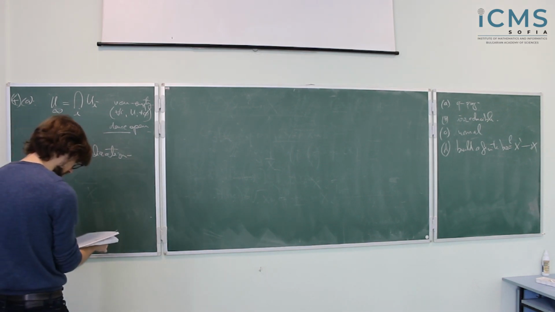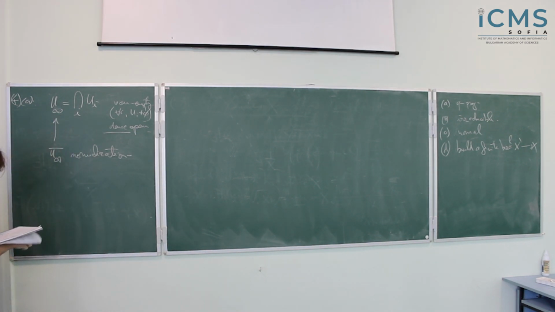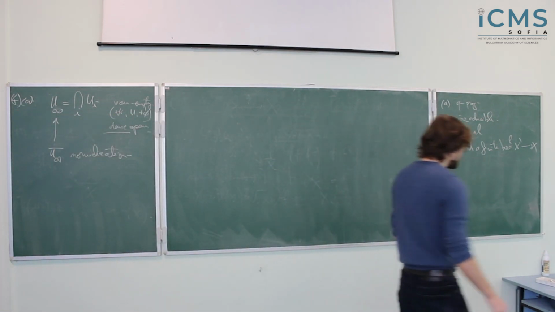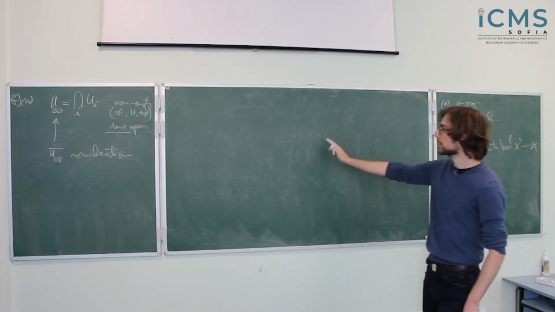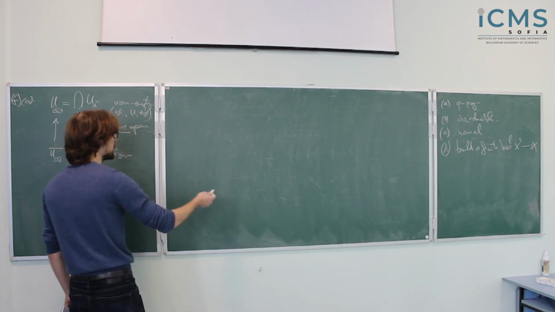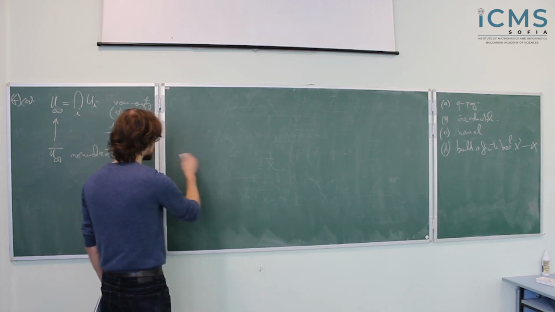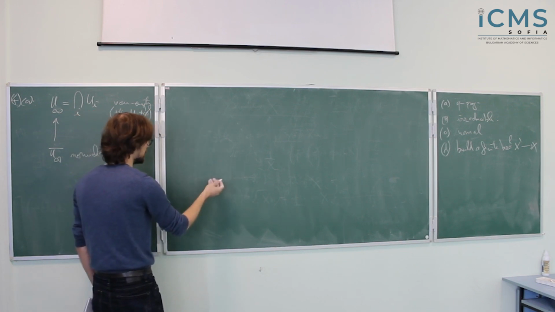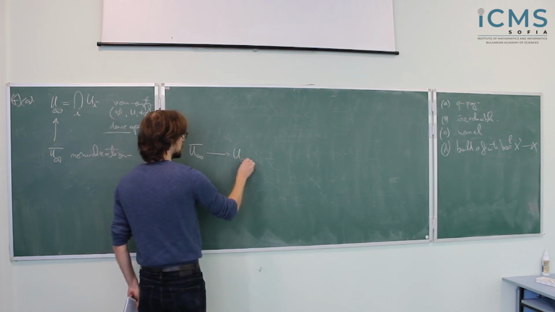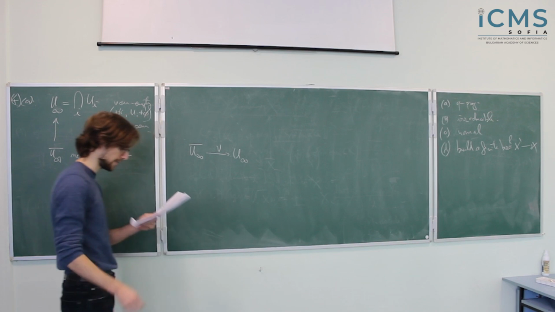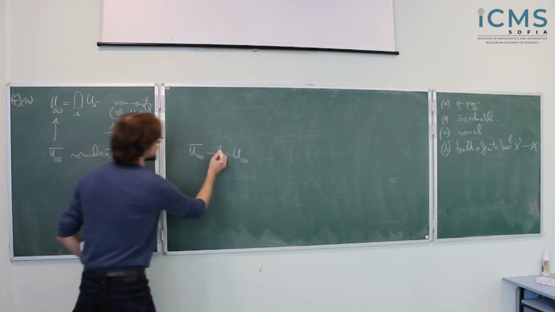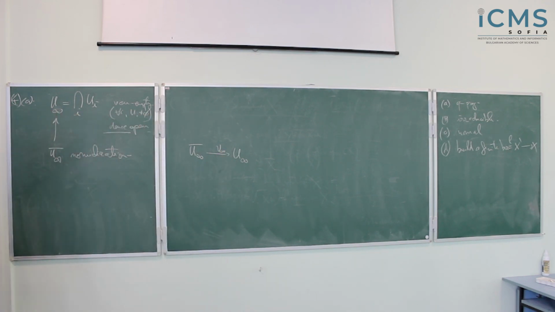So I will draw here a diagram that I will keep along the way, to explain a little bit how these things work together. So we have U infinity bar and its normalization here. I'll just give it a name, mu infinity.